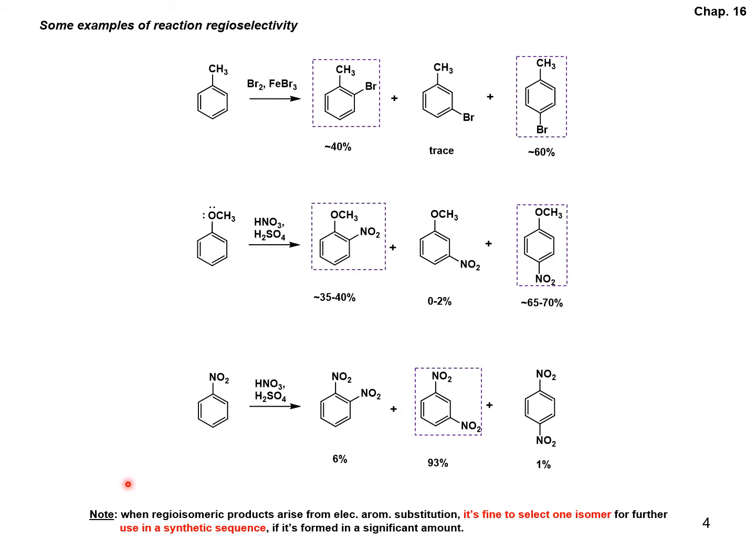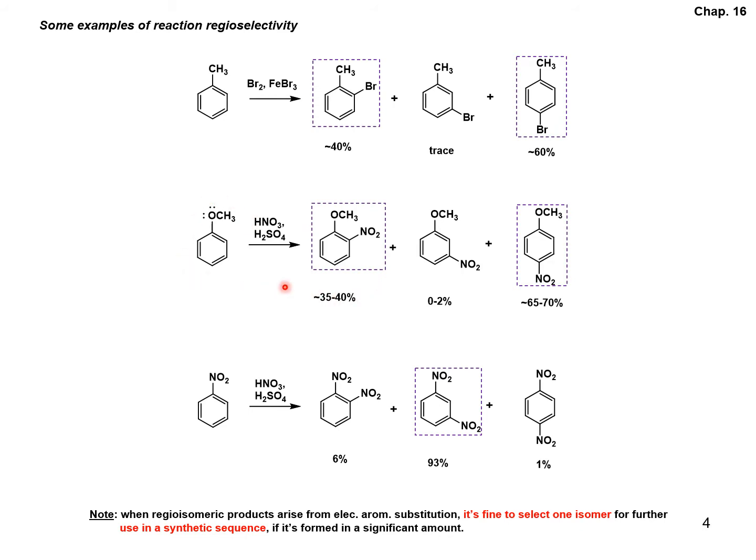One thing I also wanted to point out is that even though, as in this example here, you end up with a mixture of ortho and para products when you do this reaction, if you were going to use this reaction as a synthetic step in a multi-step synthesis, it's okay to say, I'm going to synthesize this para-nitroanisole product from anisole.